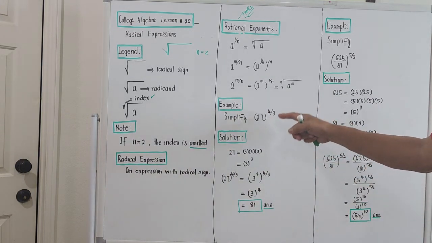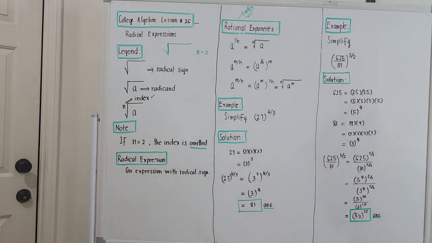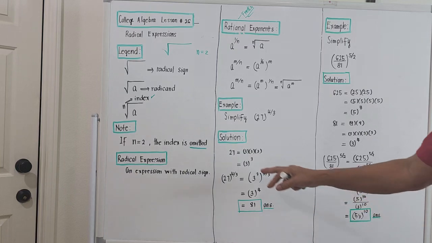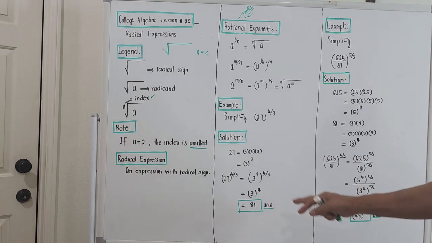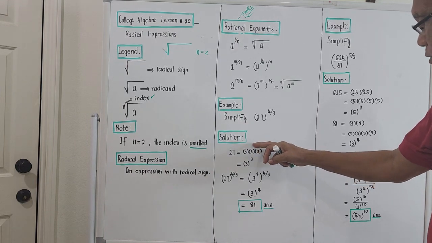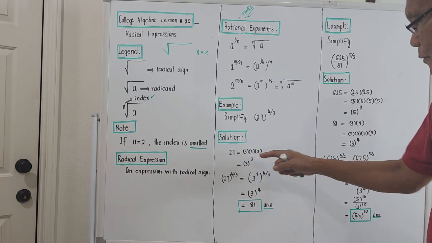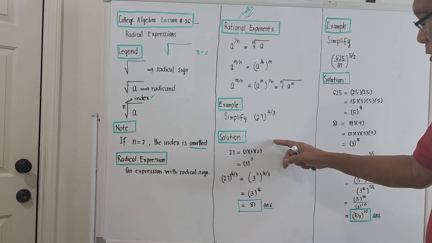Okay, let's try to bring out the solution. 27 can be written as the prime factors of 27, which are 3 times 3 times 3, right? And if we simplify 3 times 3 times 3, this will be 3 raised to the third power, or 3 multiplied by itself 3 times.